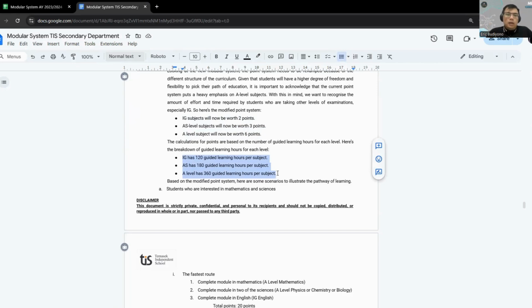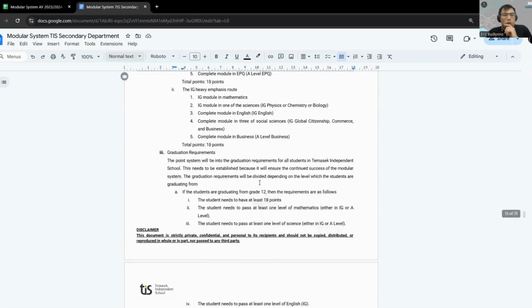AS is 180, and A level is 360. So we can see the ratio if we use 120 as the base: 120 equals 1, 180 equals 1.5, and 360 equals 3. That's why if the IGCSE subject is worth 2 points, AS will be worth 3 points, and A level will equal 6 points.